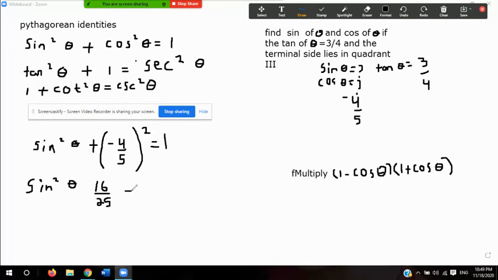equals 1. So we're going to subtract 16 over 25 again, and that will be 1 minus 16 over 25.